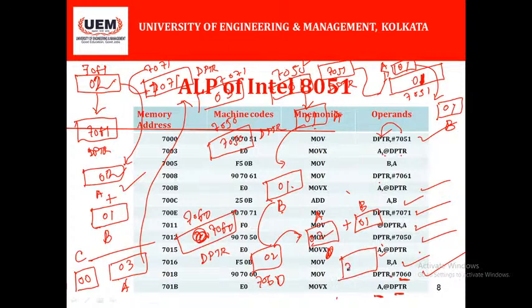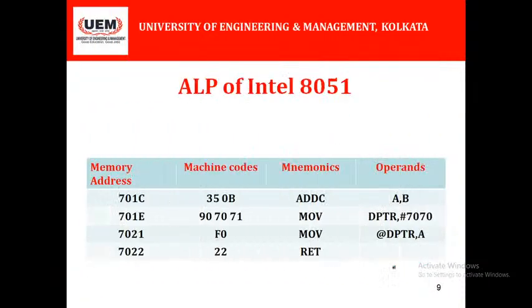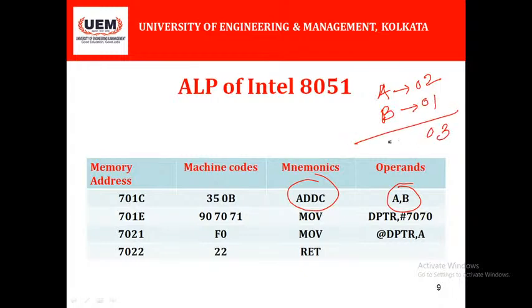After this addition the result is 03, so 03 is the value that will be stored in the A register. We are using the ADC A, B instruction. The value of the A register, which is 02, and the value of the B register, which is 01, are added together, and the result is 03, which is to be stored in the A register.